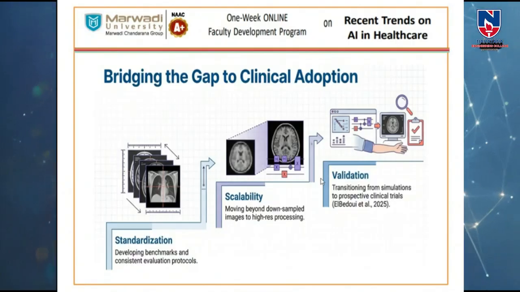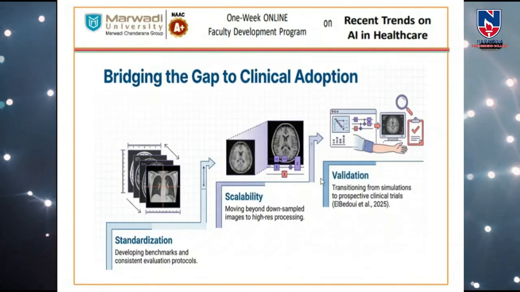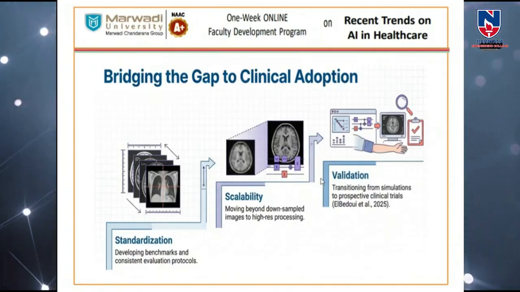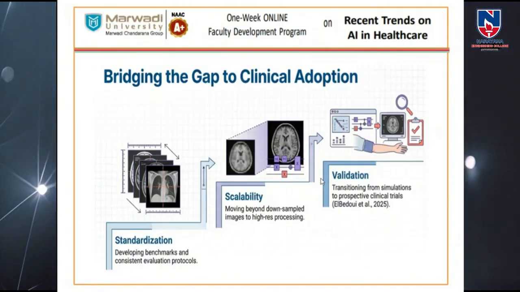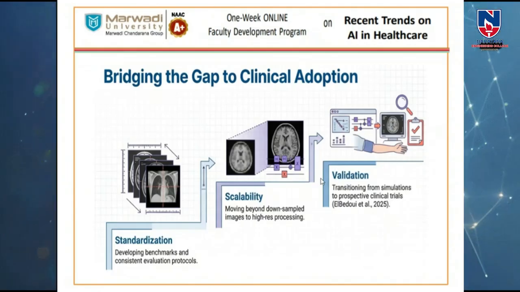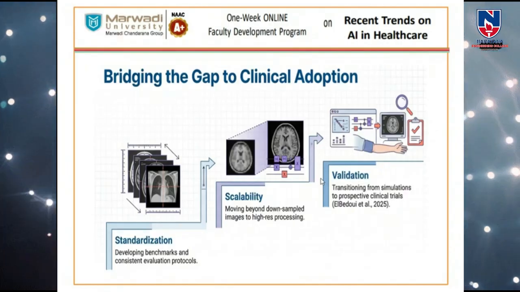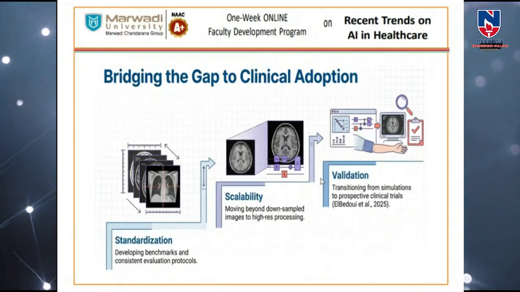Based on that, we have to make the benchmarks. That is one of the challenges. We have yet to implement a real time AI and ML system in medical imaging.